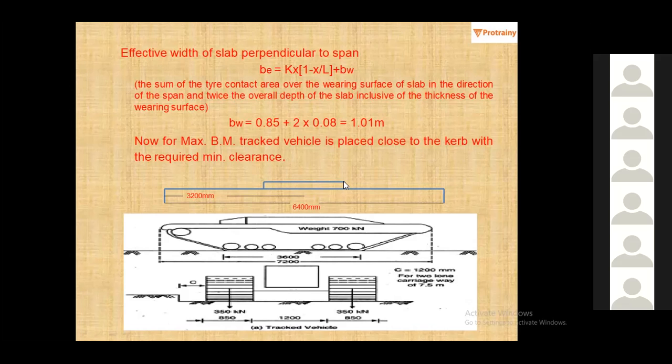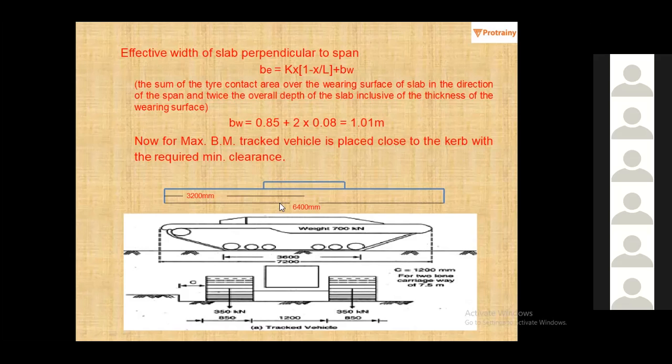So what I'm trying to say is that this 700 kilonewton load is distributed over this 4.76 meter length. Of course, the load is distributed as an area, but right now we are just dealing with a section, so we are just trying to find out this particular length, which came out as 4.76 meter.